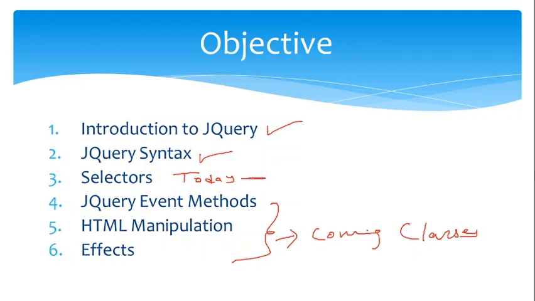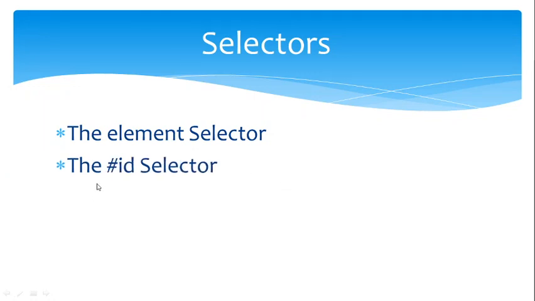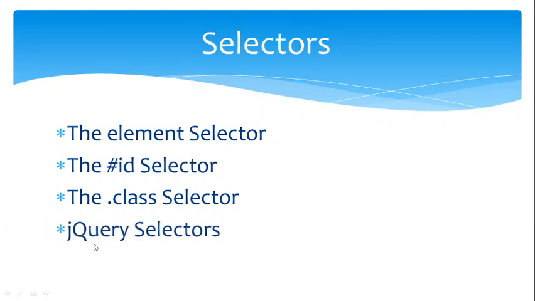So today we are going to see selectors. There are different selectors in jQuery that you can use to select from the HTML. Today we are going to learn only this. The first one is the element selector, the second is the ID selector, the third is the class selector, and there are so many other jQuery selectors.